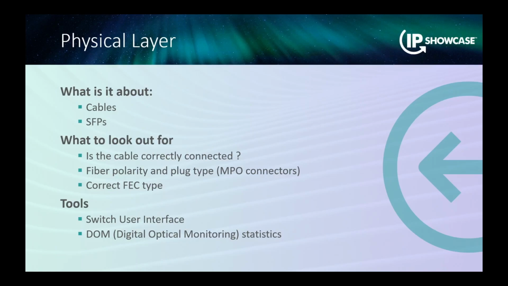And of course, you want to look for a FEC type, because these high bandwidth connections come with forward error correction, and there are quite some different types. Usually it works out quite well and is plug and play, but if it isn't, then that's something you may have to look at.